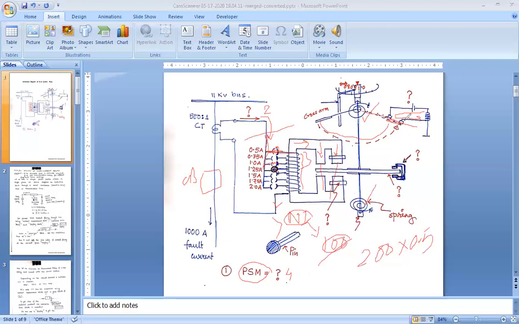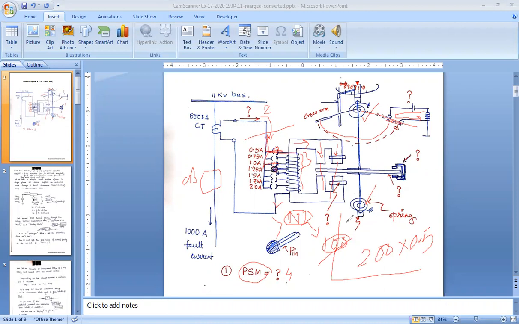So obviously it depends on the PSM. And the relay is so designed, the relation will be like this.